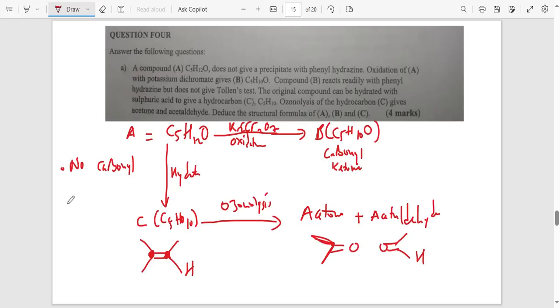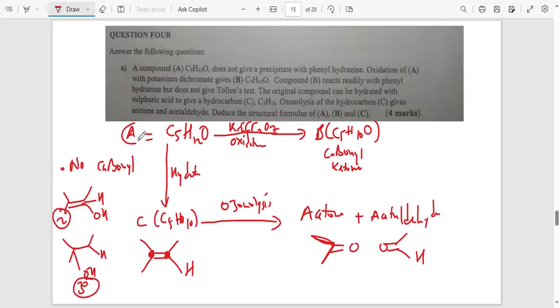Now, if say we had attached the OH here, and then we also attached, this is a hydrogen, don't forget there's a hydrogen there. Let's say we had attached the OH here. This one is a tertiary alcohol. This one is a secondary alcohol.